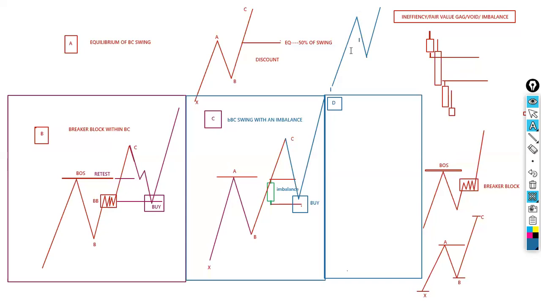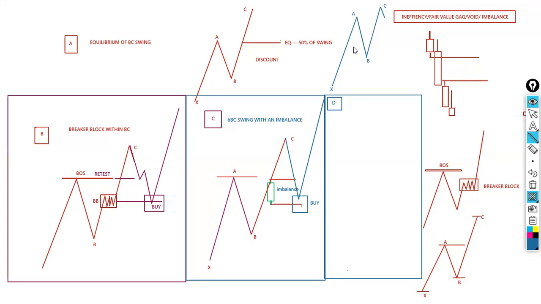In a case where we have an S at this point, our A at this point, our B at this point, and our C at this point, you will notice that in this sketch the SA is very long, but the BC is very short. What does this mean? It simply means that the interest of buyers that came in from B is not strong enough. It is also a sign that this market might be getting weaker to continue to the upside.